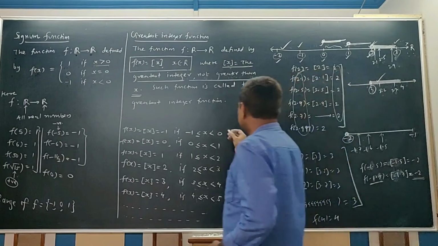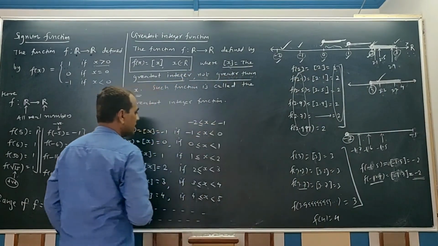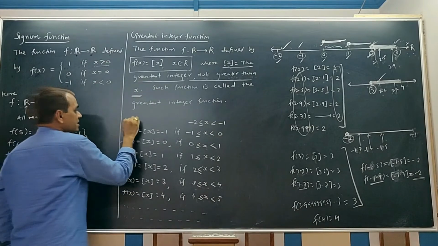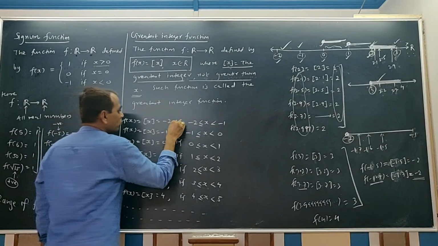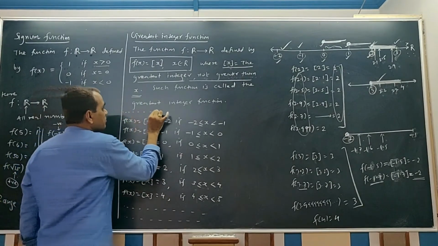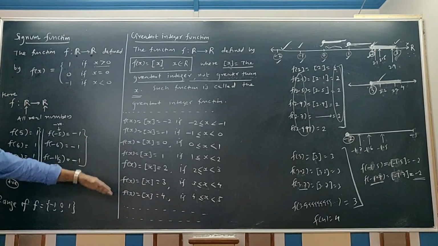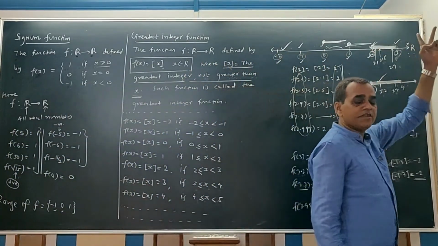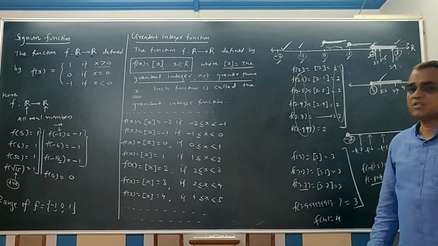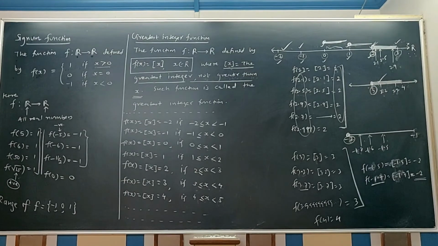So when x is between minus 2 and minus 1, then f(x) is equal to minus 2. So we can continue. This procedure can be continued for every interval which is a subset of the set of real numbers.